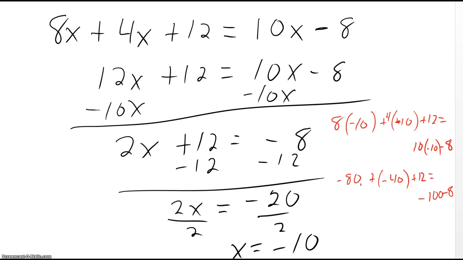Negative 80 plus negative 40 is a negative 120 plus 12 should equal negative 108. Negative 120 plus 12 gives me a negative 108, which equals negative 108. So yes, our answer checks out.